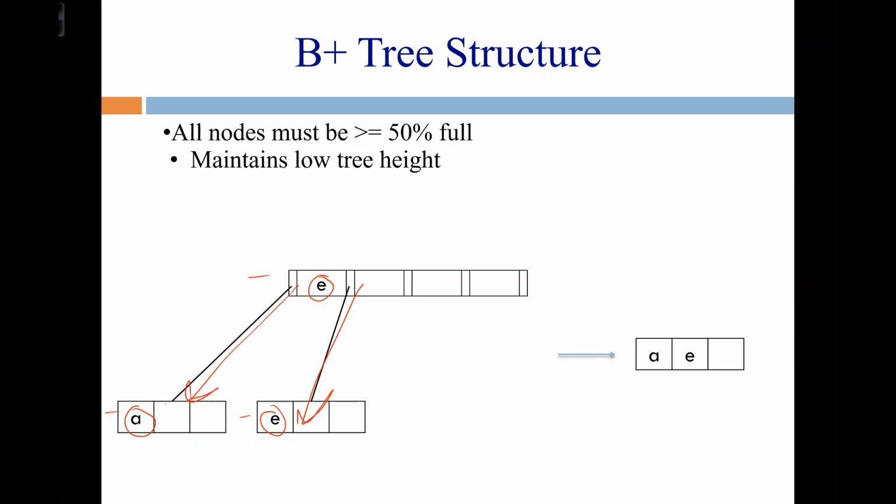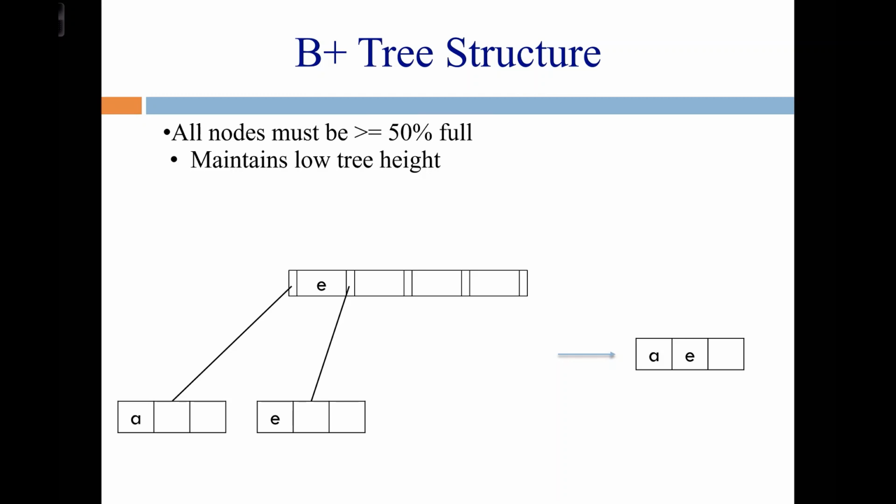So once we merge those 2 nodes, now this is 2/3 full, so it's no longer violating the rule. This rule is basically just to keep the height of the tree low in order to avoid accessing more disk pages than needed. So what does half full mean, though?